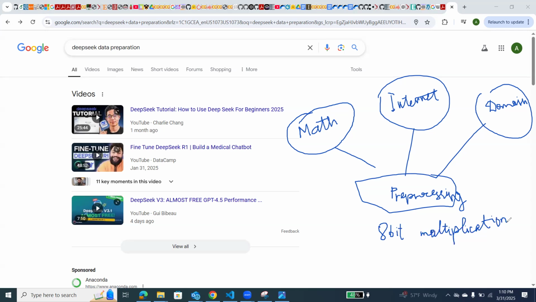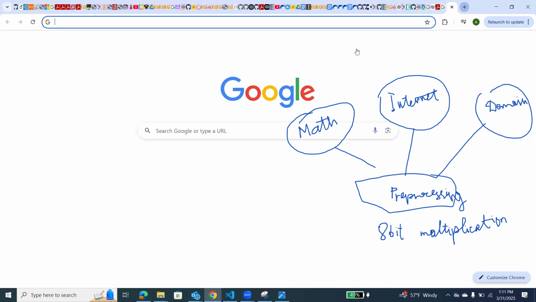And the third component is reinforcement learning with human feedback. We talked about the PPO algorithm last week.